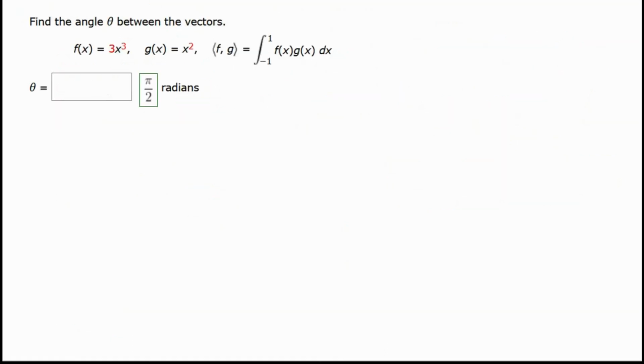So here, find the angle theta between the vectors. You remember that one, going back to cosine theta is equal to the inner product of u and v divided by the norm of u times the norm of v. So first, we need the inner product.